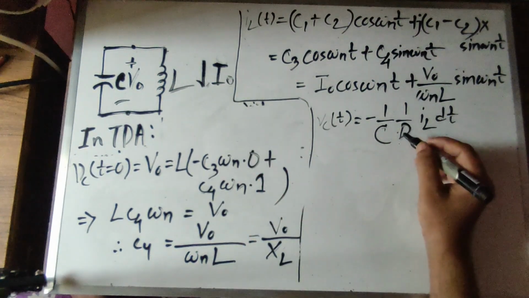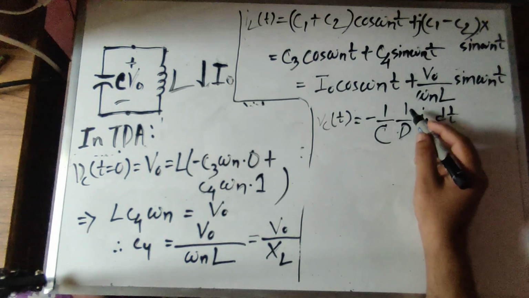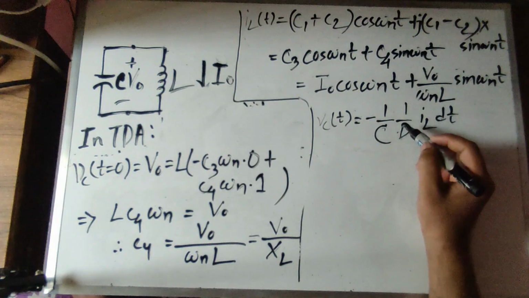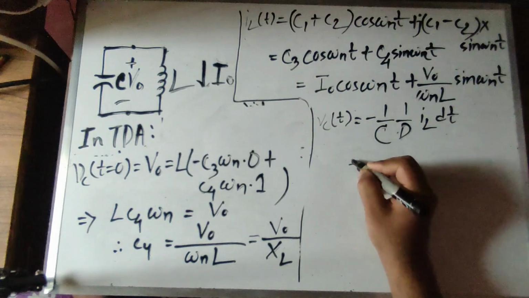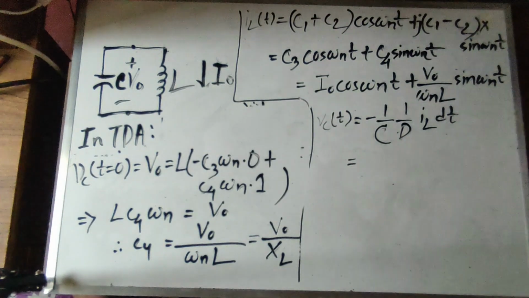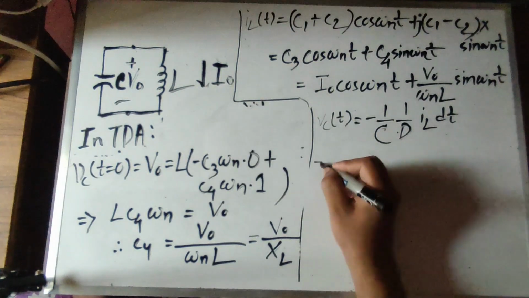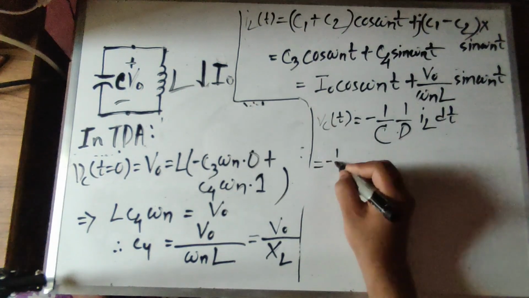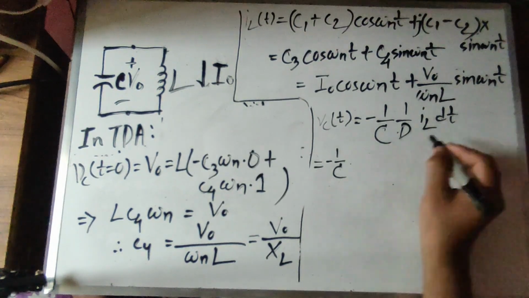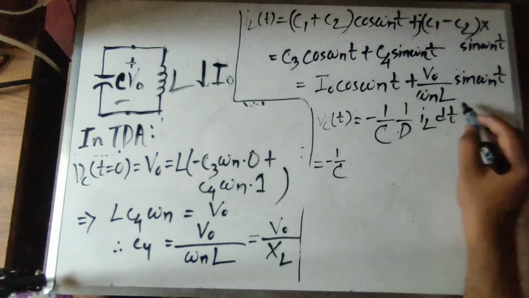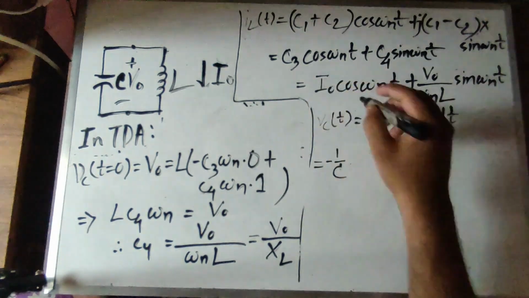If the linear differential operator D means differentiation, then 1 by D will literally mean integration. So here minus 1 by C, IL is this full term and we're integrating this.